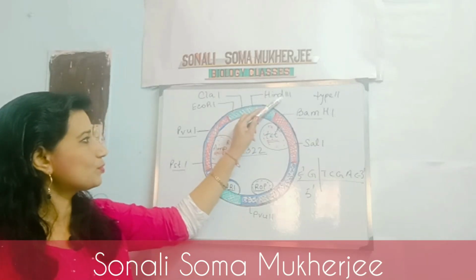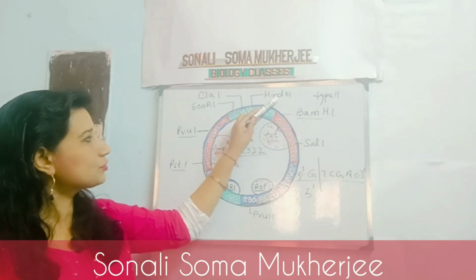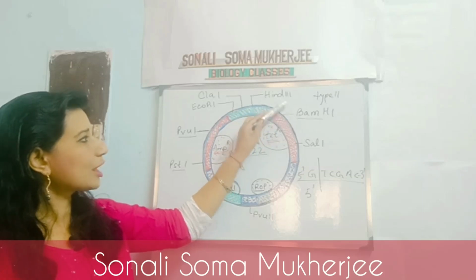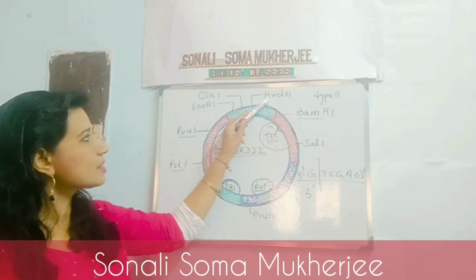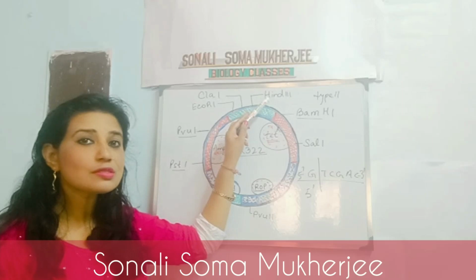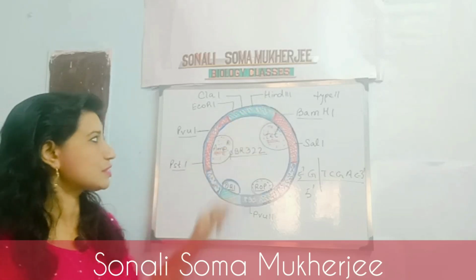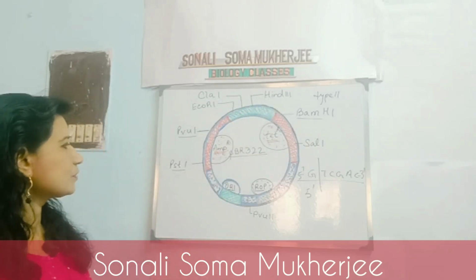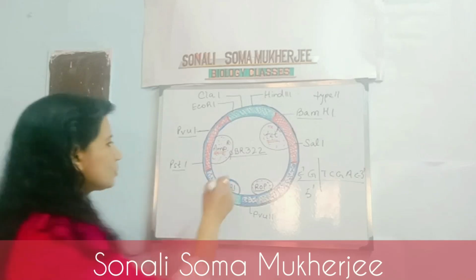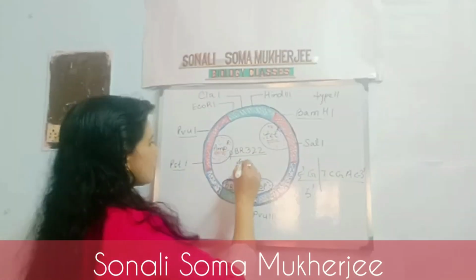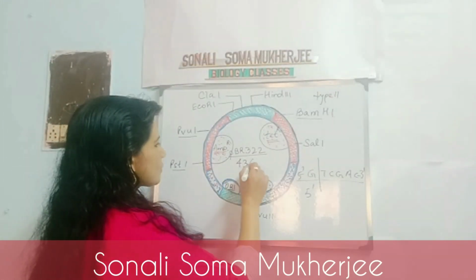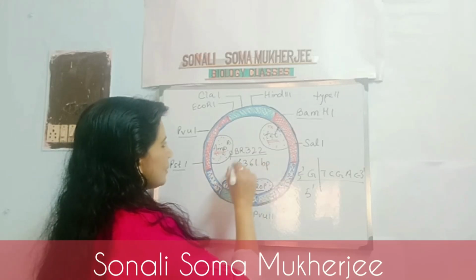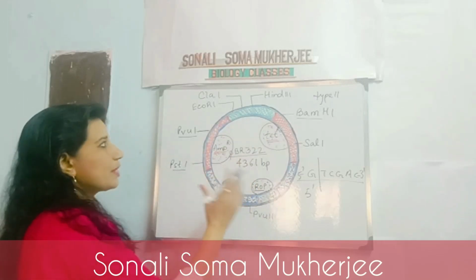This is also type 2. BAMH1 and HindIII are both type 2 restriction endonucleases. HindIII is from Haemophilus influenzae, strain d. So almost I have covered all the names, and the length of this plasmid vector is 4361 base pairs.